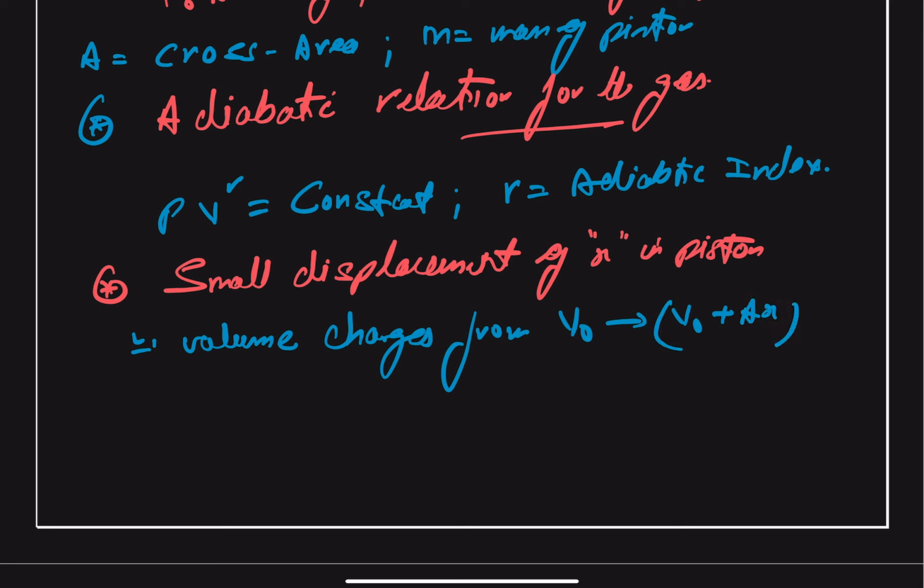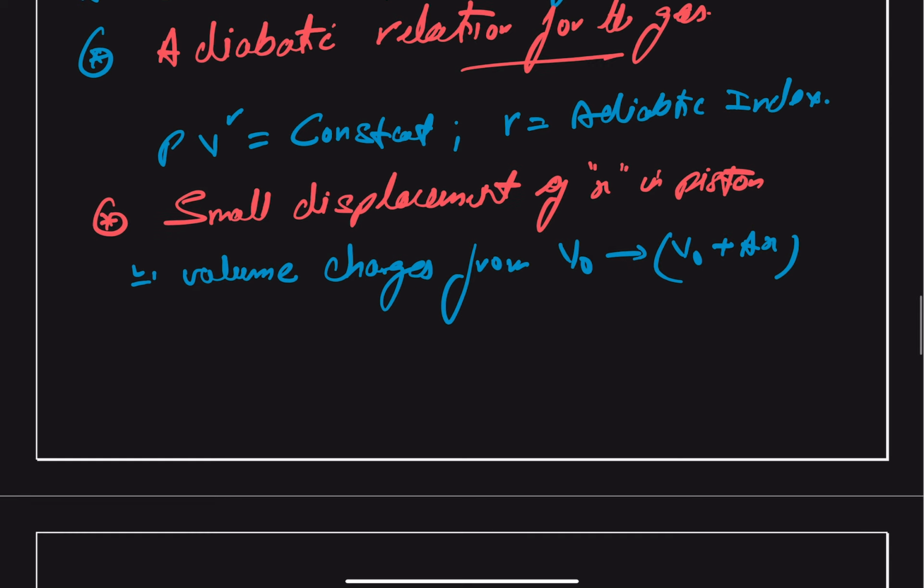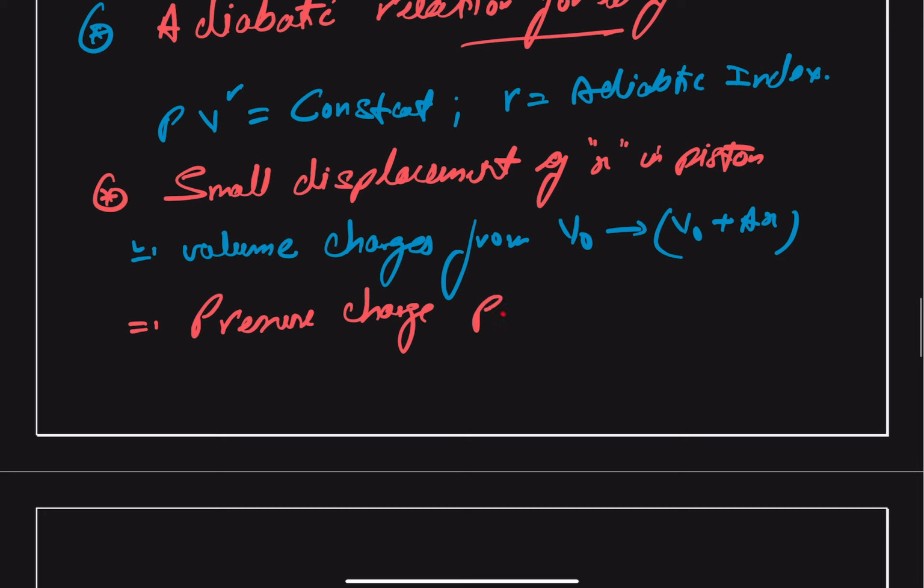Therefore, we can write that the pressure change, which can be approximately written as P is approximately P naught, V naught over V naught plus Ax whole raised to power gamma.